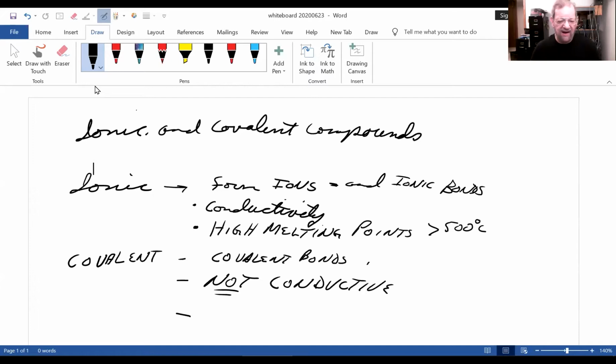And unlike ionic compounds, which have a high melting point, covalent compounds have a low melting point.